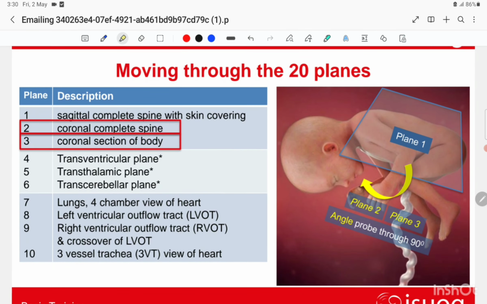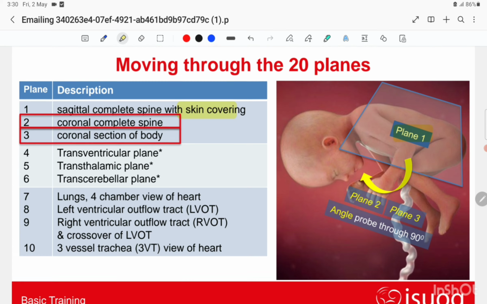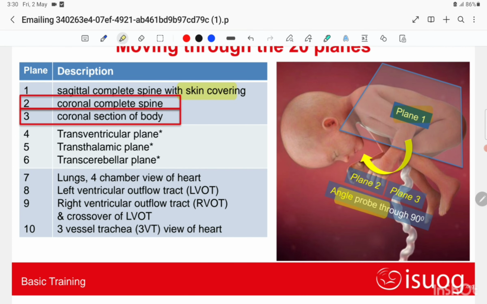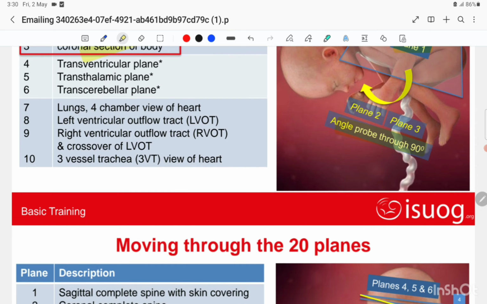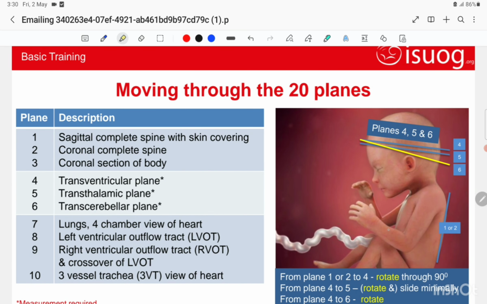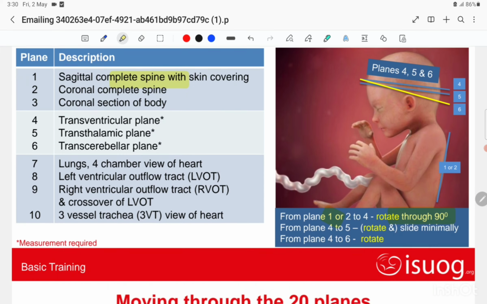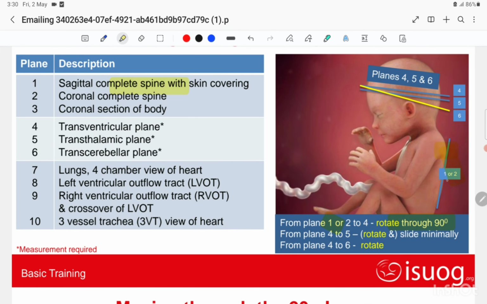Moving through the 20 planes, first is plane 1, starting from the sagittal complete spine with skin covering. Then plane 2 is the coronal complete plane: slightly angle the probe through 90 degrees and you get the coronal section. Then for the transventricular plane, from plane 1 just rotate 90 degrees from the vertical spine to get planes 2 to 4, and then from 4 to 5, just slide minimally, and you get planes 4, 5, 6.